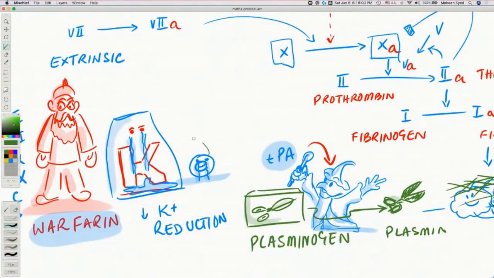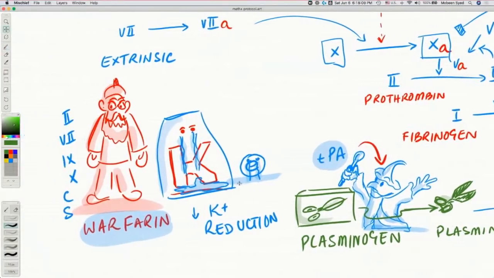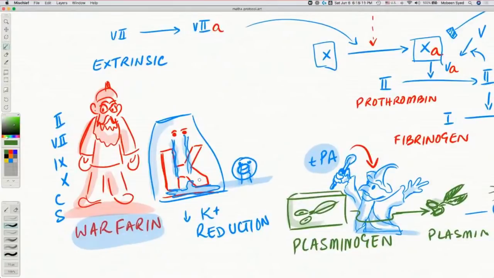Why is it crying? Because it cannot combine with potassium, and potassium is also crying because it cannot be reduced. So the end result is that when the potassium reduction is low, which is an important part of the clotting cascade, then factor 2, factor 7, factor 9, 10, protein C, protein S, all of those do not work correctly, and that reduces clotting.